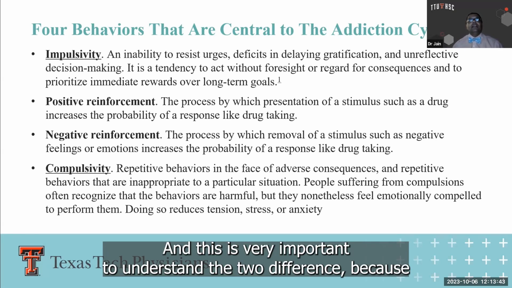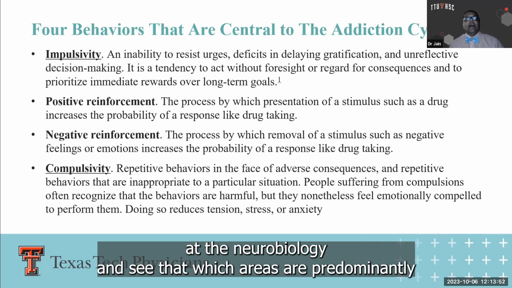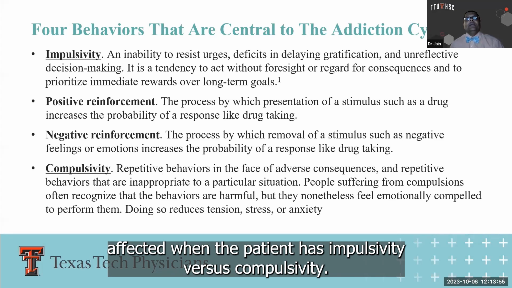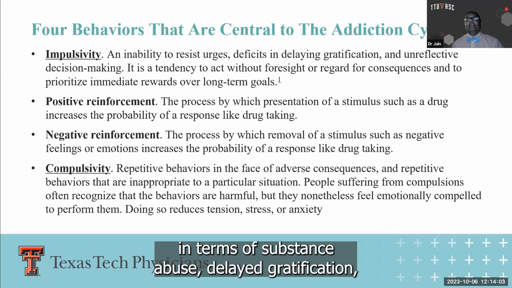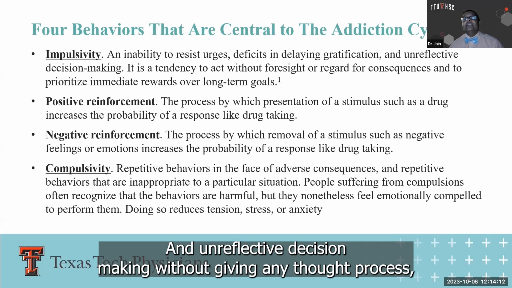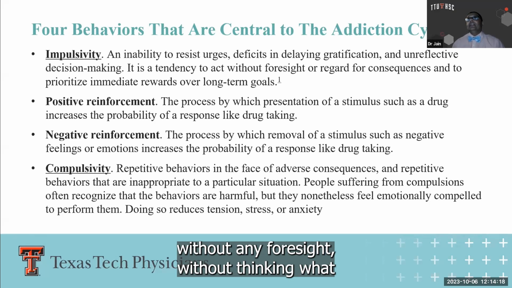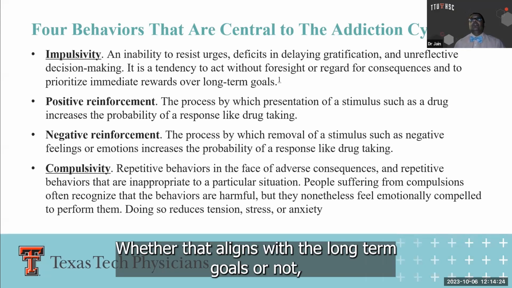It is very important to understand the difference between the two, because later on we can look at the neurobiology and see which areas are predominantly affected when the patient has impulsivity versus compulsivity. In other words, impulsivity is the inability to resist urges in terms of substance abuse, to delay gratification, and unreflective decision making without any foresight, without thinking what the consequence of the action would be, whether it aligns with long-term goals or not.